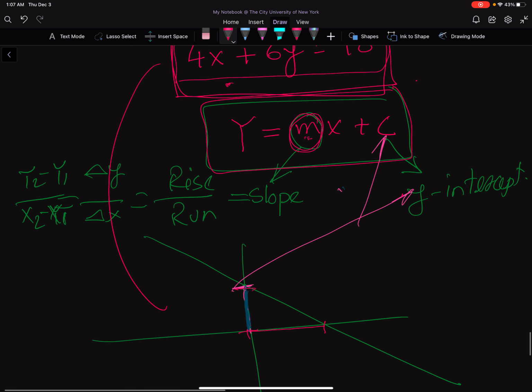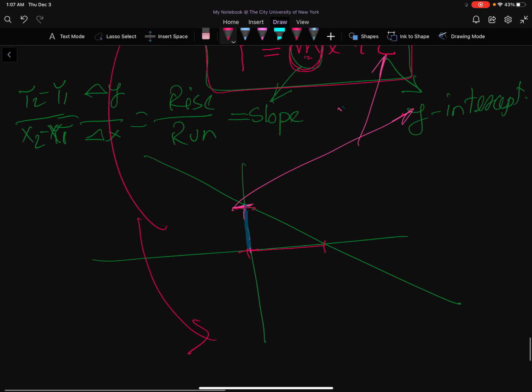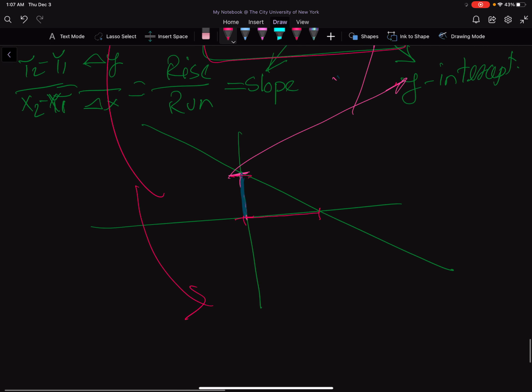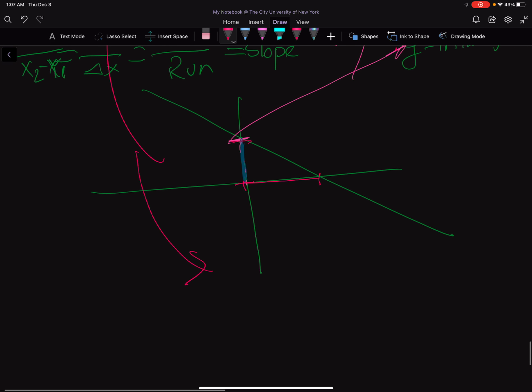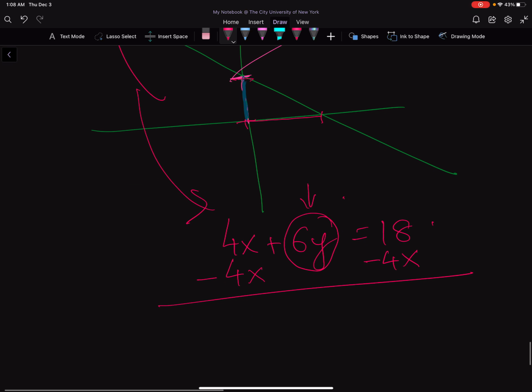So let's come down. Let me rewrite that equation. It is given that 4x plus 6y equals 18. So what is my job? My job is to get y on the left-hand side. So let this term stay. We should be subtracting 4x using the subtraction property of equality, since it's a positive sign.